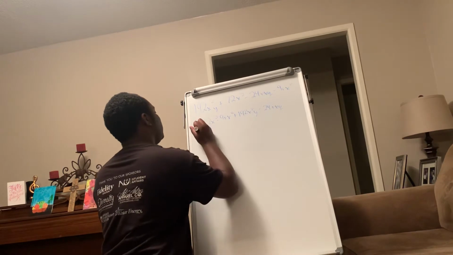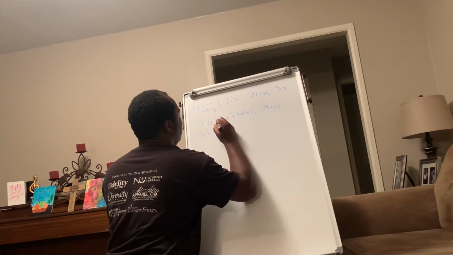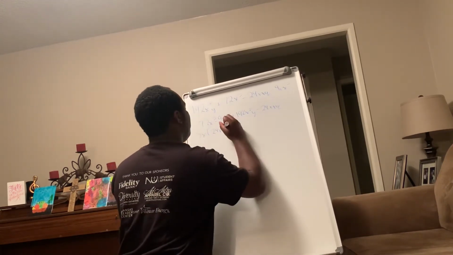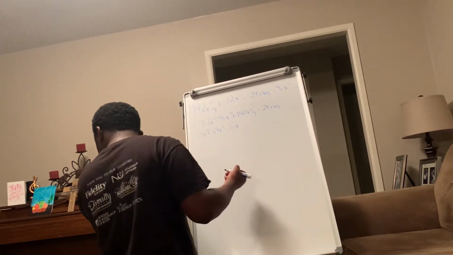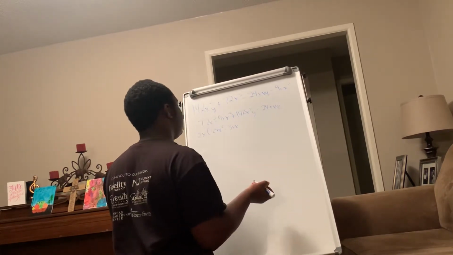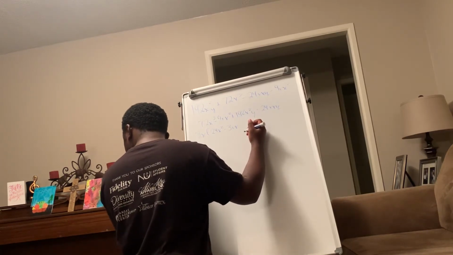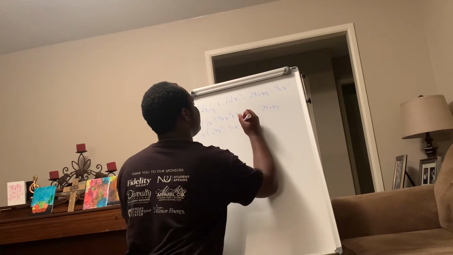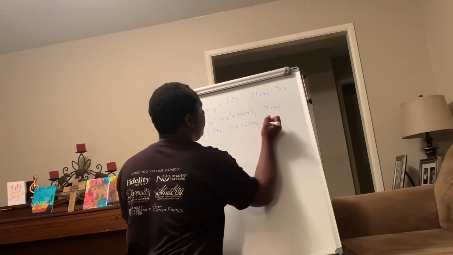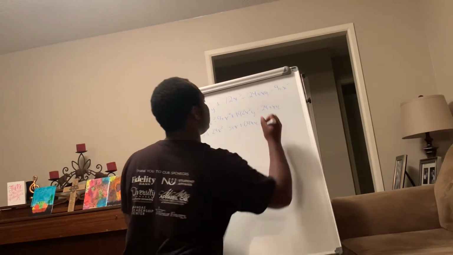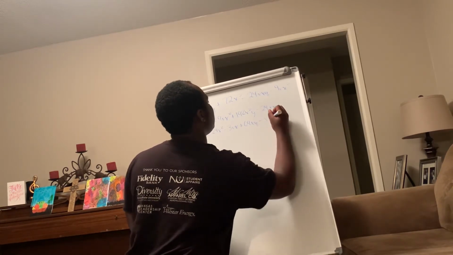So 3x, and I'm left with 24x squared minus 3rx plus 64xy minus 8ry.